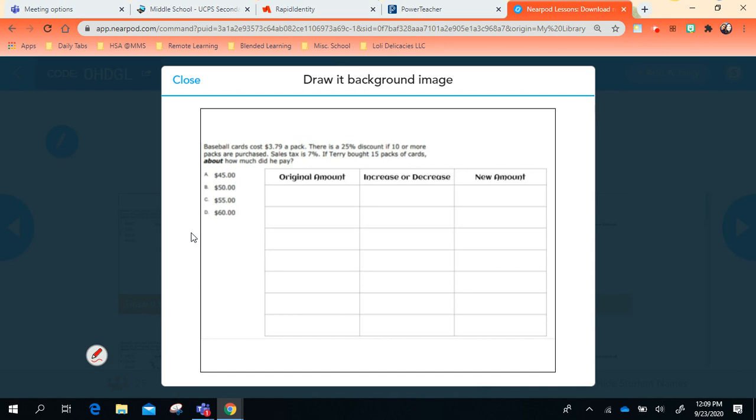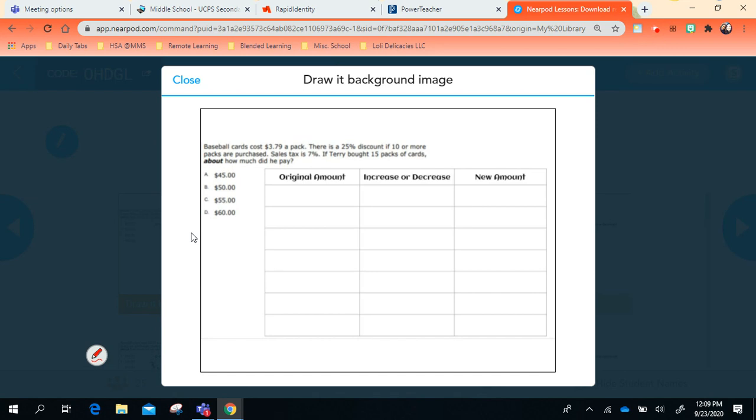Anyway, so baseball cards cost $3.79 a pack. There is a 25% discount if 10 or more packs are purchased. Sales tax is 7%. If Terry bought 15 packs of cards, about how much did he pay?